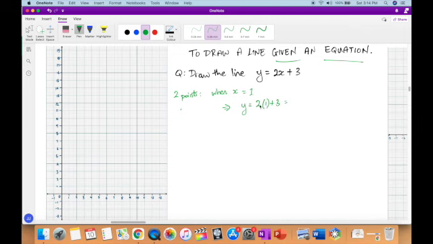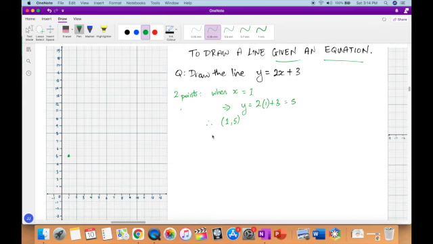So 2 times 1 is 2 plus 3 is 5. So therefore, when x is 1, y is equal to 5, and I have my first point. So I could draw that point here when x is 1, y is 5. So that point is over there, right? So this is the first point.